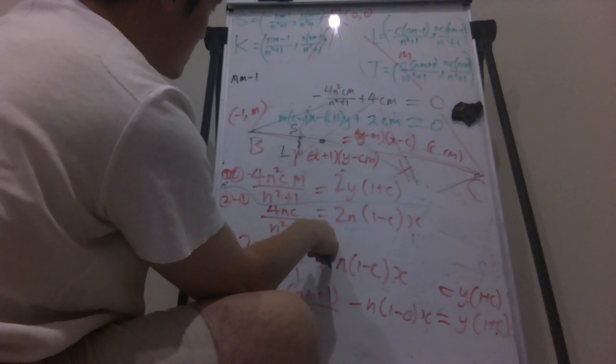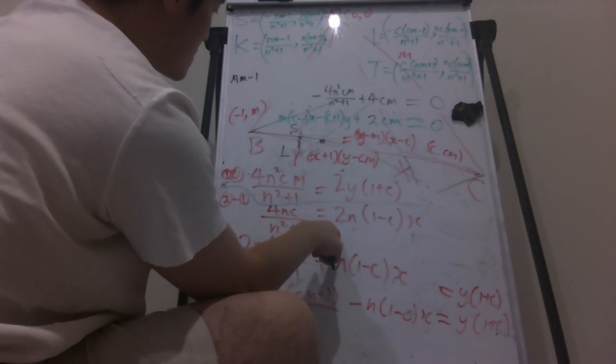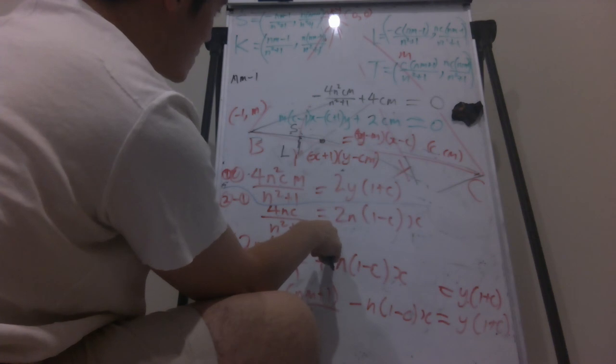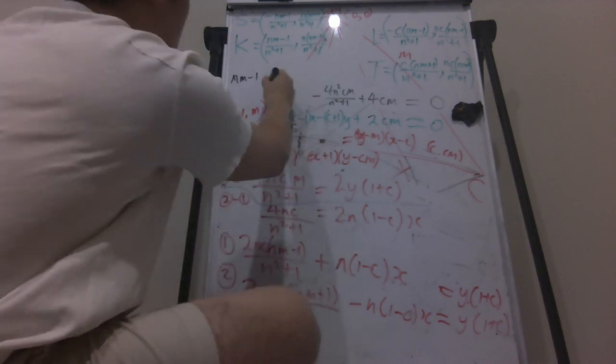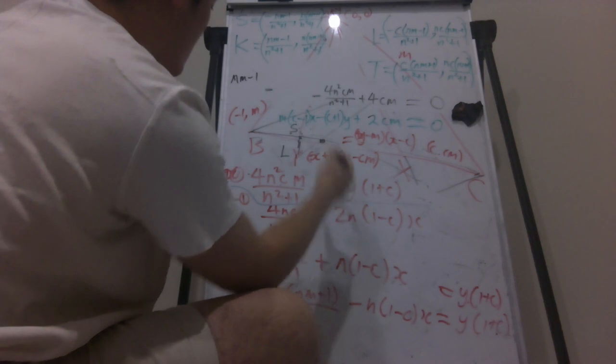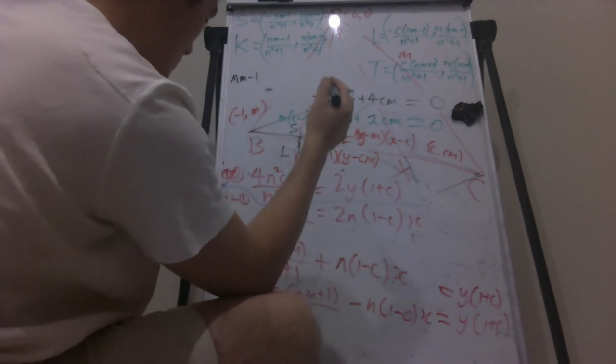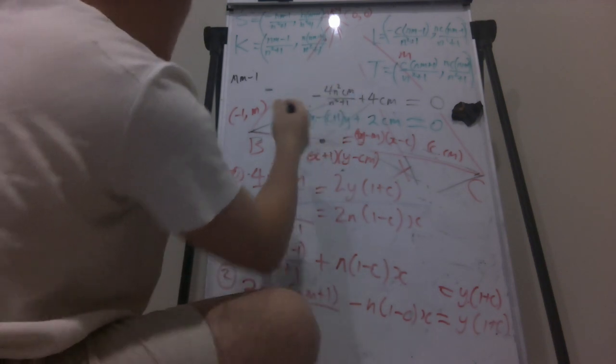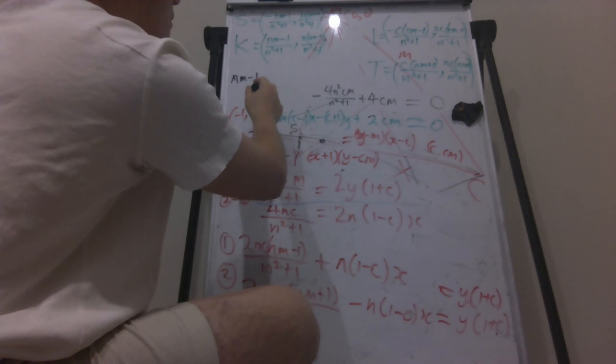Should I just write down what the answer is? Yeah, so it's negative. Should I redo all of this? Let's see how long it takes. 4nc.